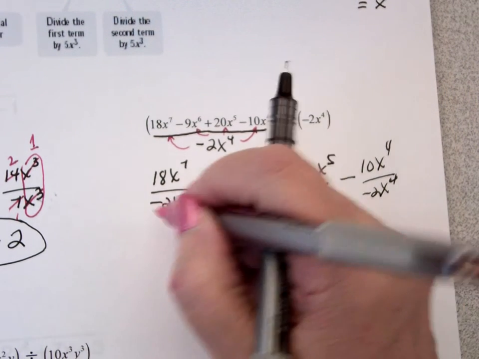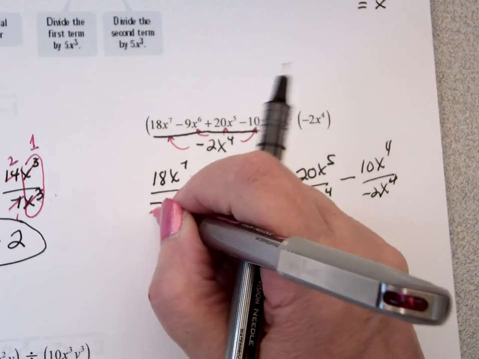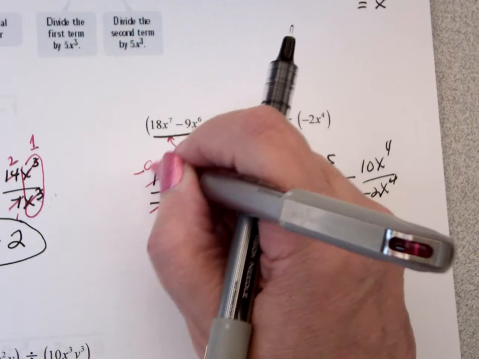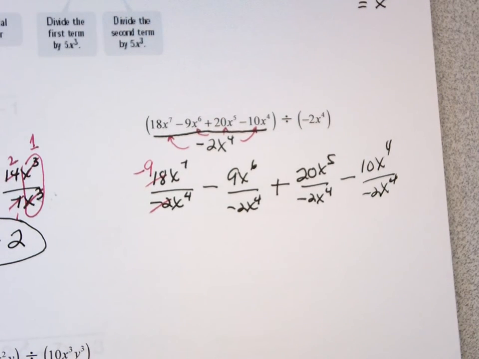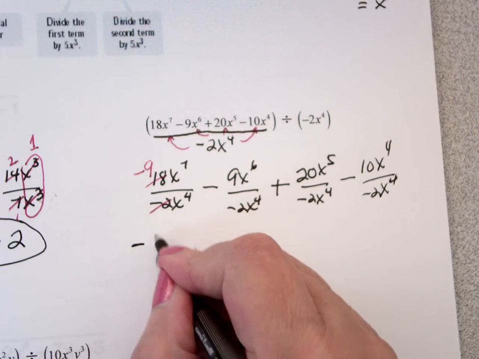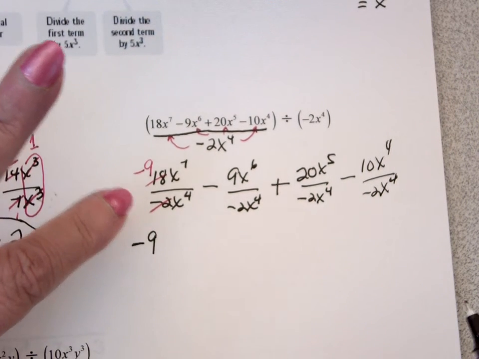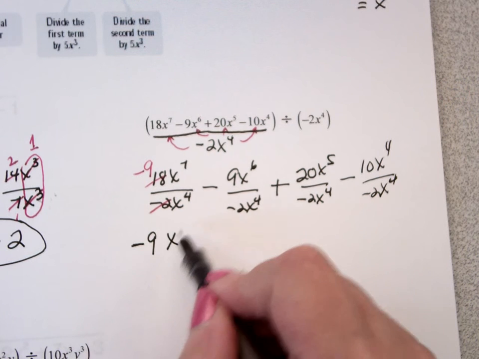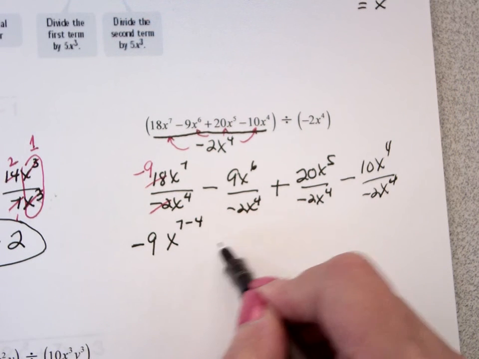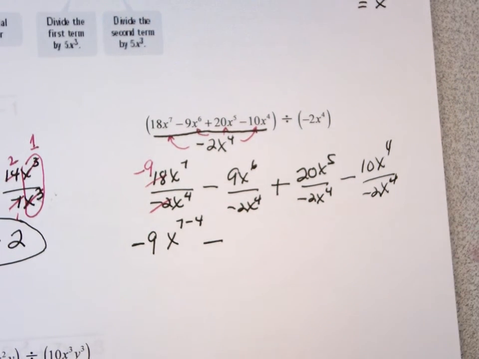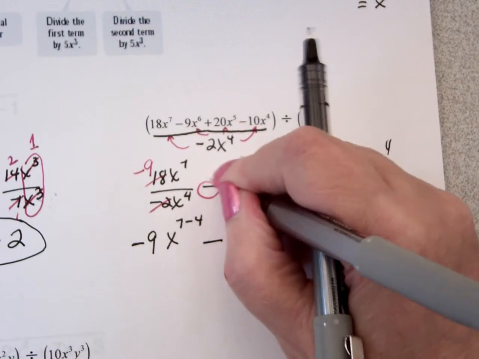Now, negative 2 divides positive 18. That's going to be a negative 9. If I were using the property of exponents, I have x to the 7 and x to the 4th. This would be x to the 7 minus 4. Or you can cancel. A minus and a minus does what?